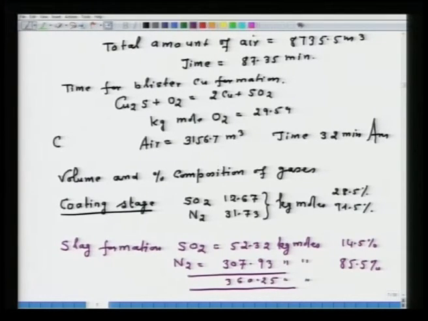Now, the third stage is the blister copper formation stage. Now, here again SO2 is simple, you already have the reaction Cu2S plus O2. So, 29.59 is the kg moles of O2 and therefore 29.59 kg moles will be of SO2 also, because 1 mole of Cu2S gives you 1 mole of SO2, or 1 mole of oxygen produces 1 mole of SO2.